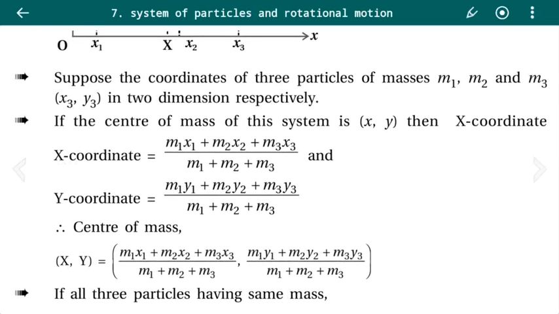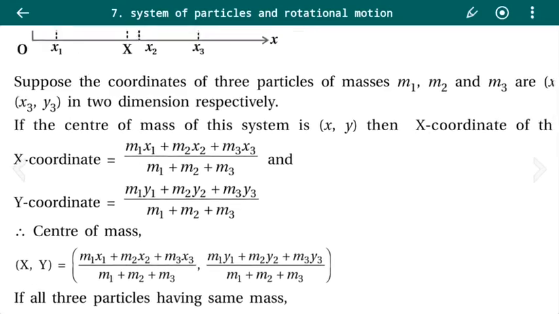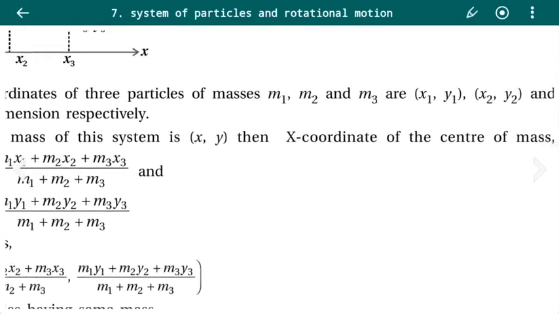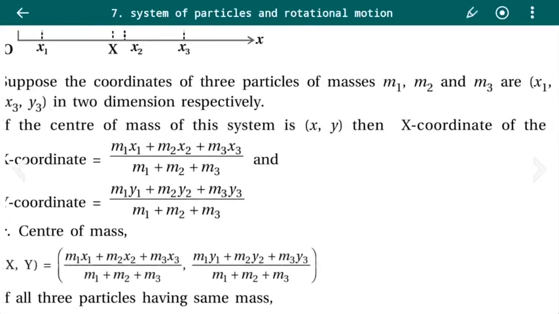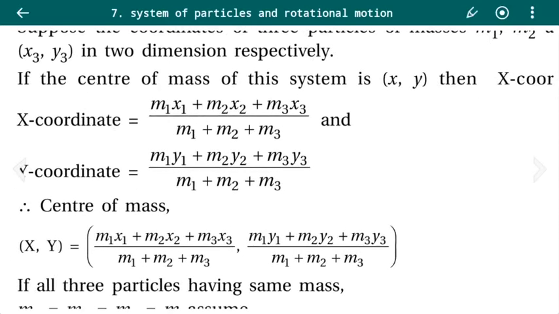But here the system of particles lies in two dimension. That means each particle has a position with respect to the x-axis as well as the y-axis. So the center of mass will also have an x coordinate and a y coordinate. Let us see the center of mass of the system individually by x coordinate and y coordinate.